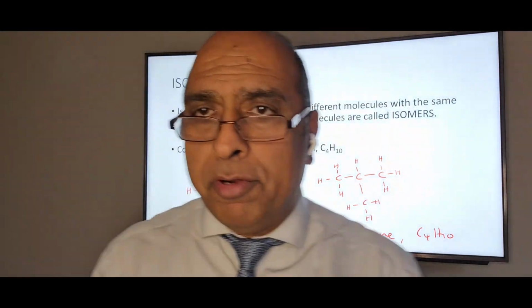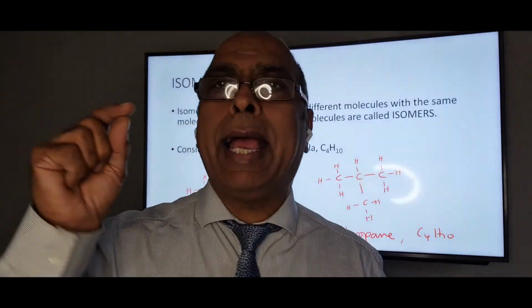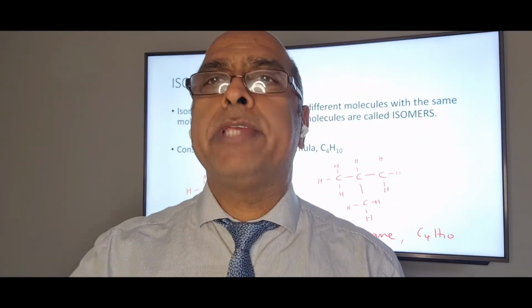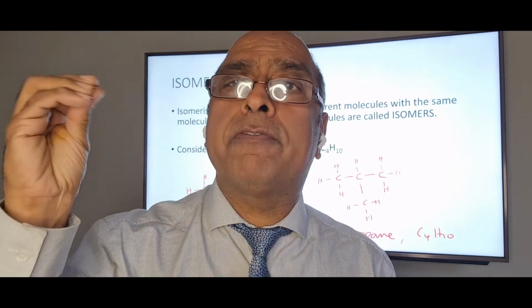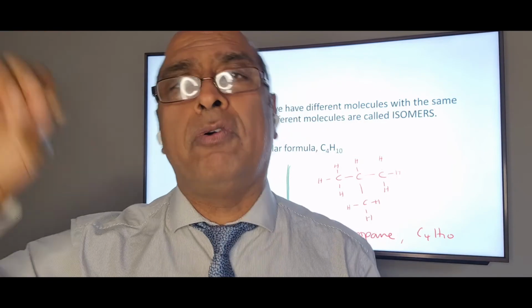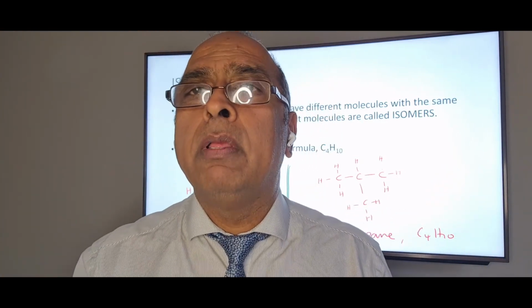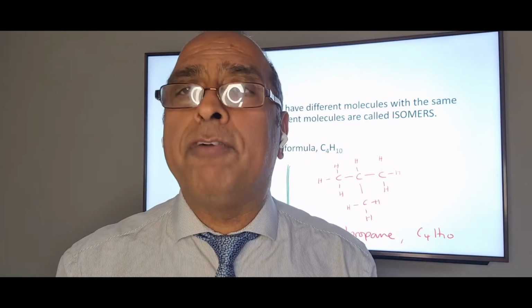Let me say that over and over again. The molecular formula has to be the same. That means same number of carbons, same number of hydrogens, etc. So the numbers of carbons and hydrogens or oxygens and fluorines, whatever you might have in a molecule, that's reflected in the molecular formula.